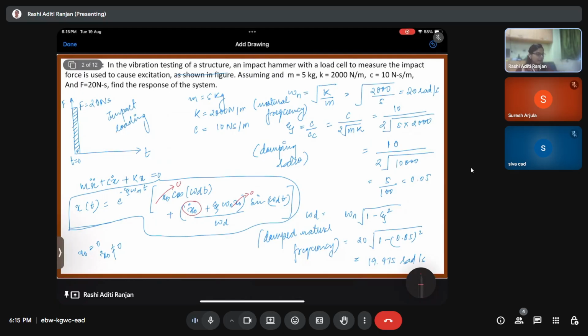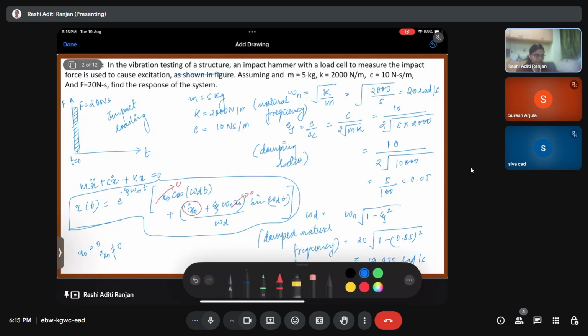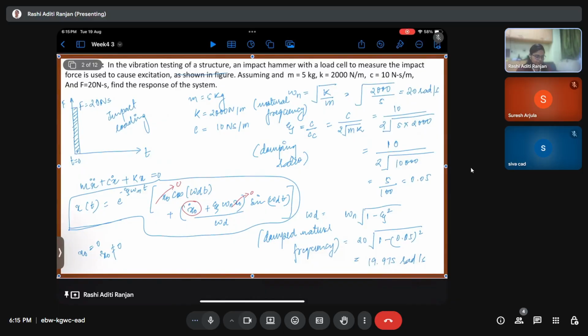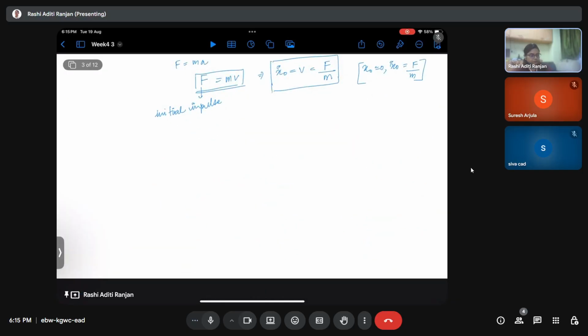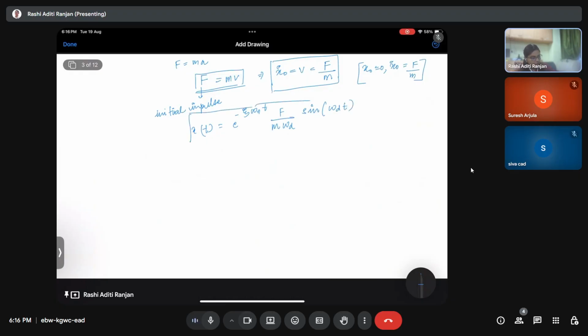If we use that value and write the solution, x of t equals e to the power minus eta omega n t into F by m omega d sine of omega d t. This is going to be the solution for an impact which is applied at time t equals 0. I hope this is clear.